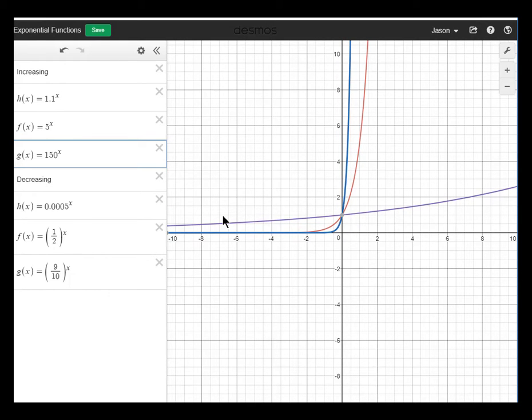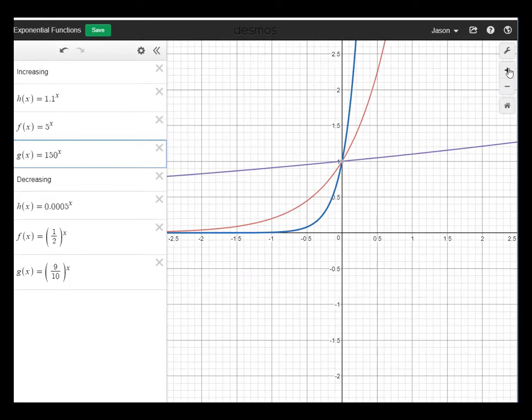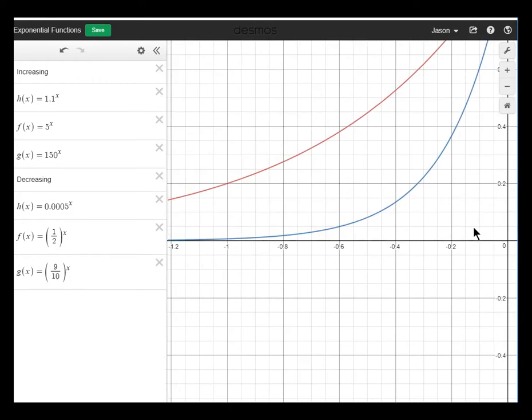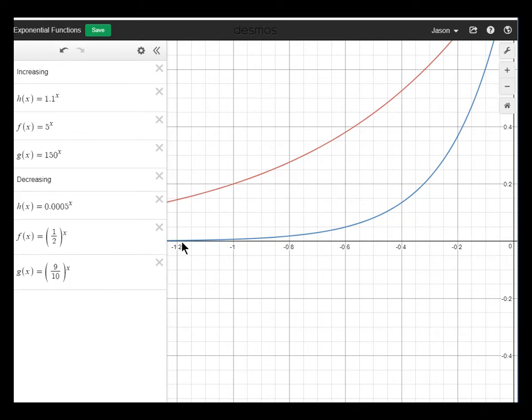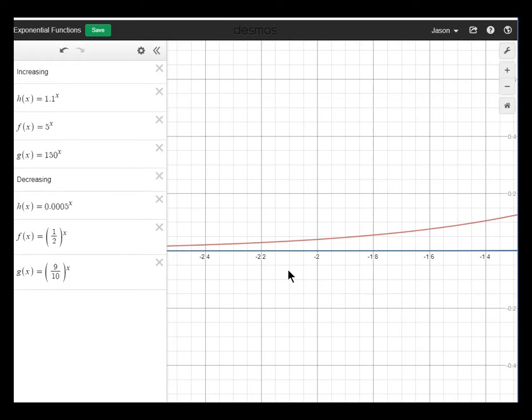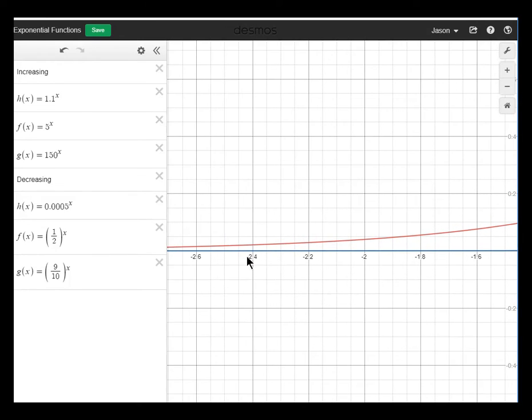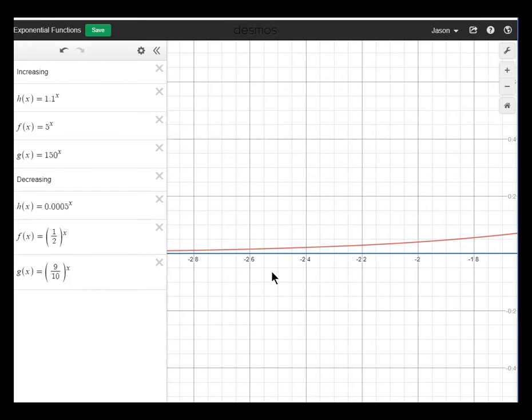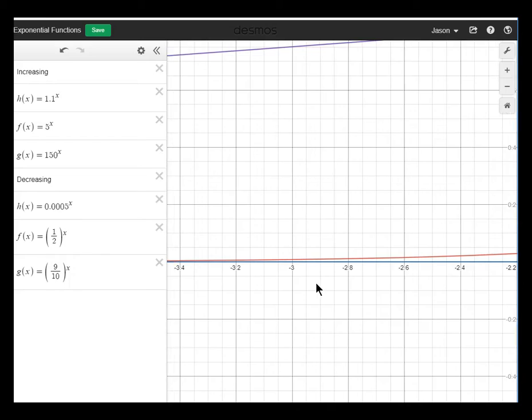Let's see the range. If you notice, range is from 0 to infinity. My x-axis is my horizontal asymptote. And as I zoom in here, you can see it gets right there. It's going close. And then for f of x equals 5 to the x, you can see it's starting to get closer and closer.